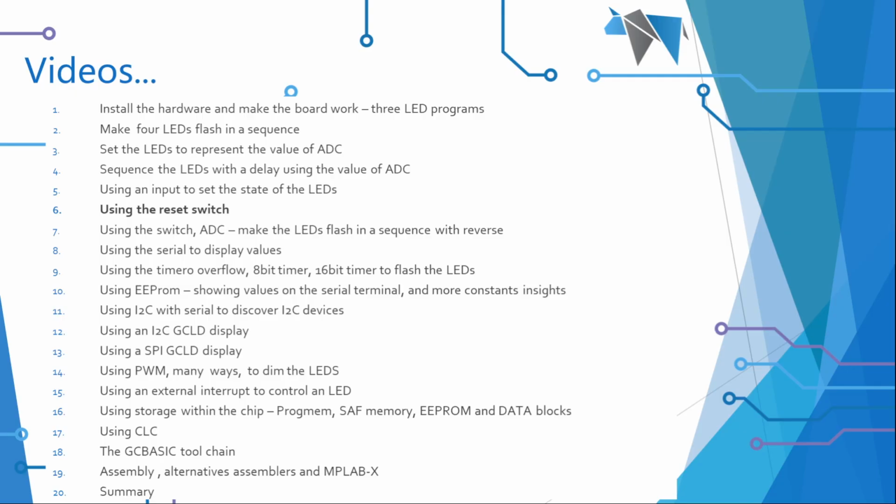We used an 8-bit value in the ADC, and then we used a 12-bit value in the ADC. In the last tutorial, we used an input, a switch, to set the state of the LEDs. But this time we're going to use the reset switch. These particular microcontrollers do come with a reset switch, and we're going to use that in 2 ways.